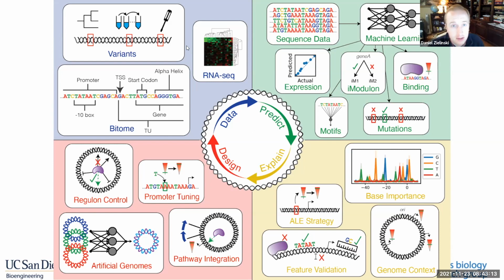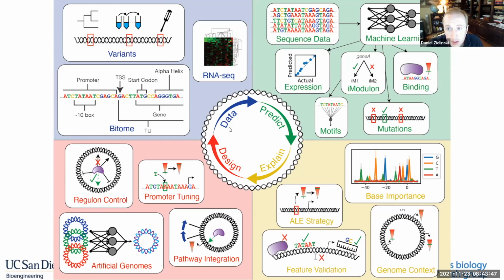We might have some kind of sequence variants that we're aware of, whether they're a synthetic library of promoters or observed mutations across strains, whatever, but maybe we have some phenotypic data associated with those that we can try to make sense of. And then we also have RNA-seq data sets. So we talked about the PRECISE data set last time, which is this highly curated RNA-seq data set. So this is the input.